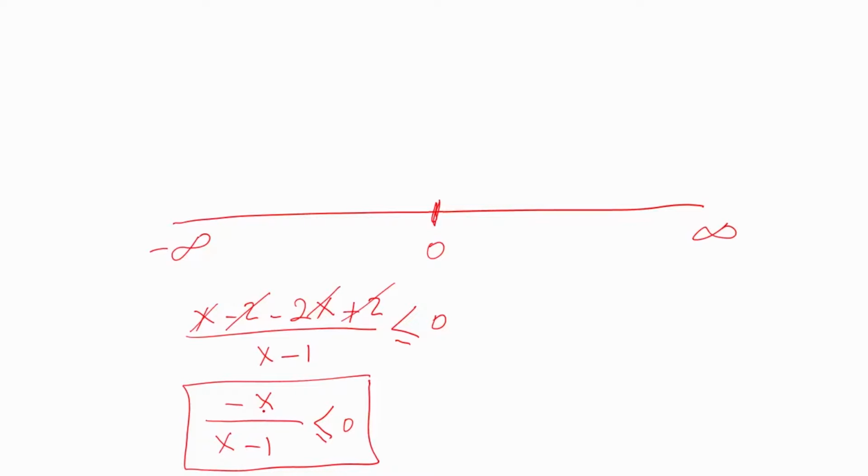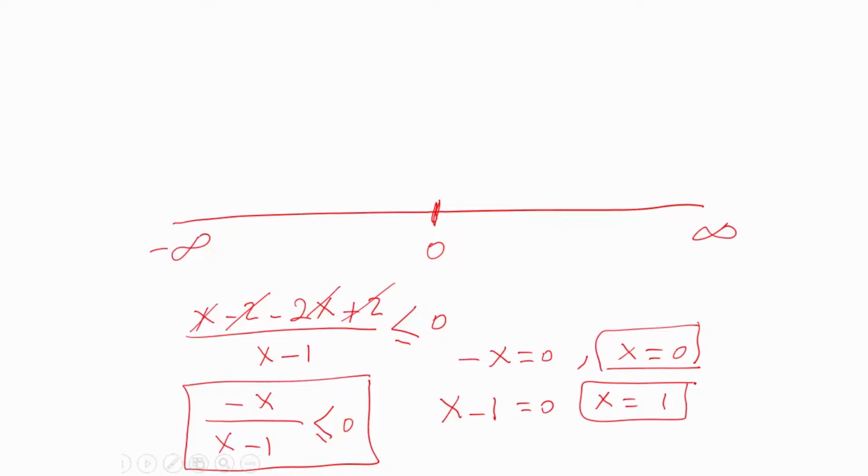What we do is we set -x, the numerator, equal to 0. So that means x should be equal to 0. That's one answer, or one critical point, one root, whatever you want to call it. And then x - 1 = 0 means x is equal to 1. That's the second critical point. Now we would show these two points, x sub 0 and x sub 1, on this number line. So x sub 0 would be right here, x sub 1, let's say this here.